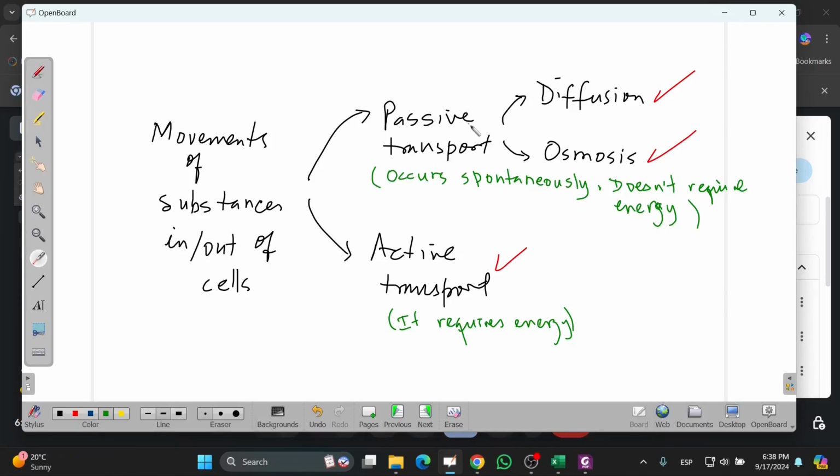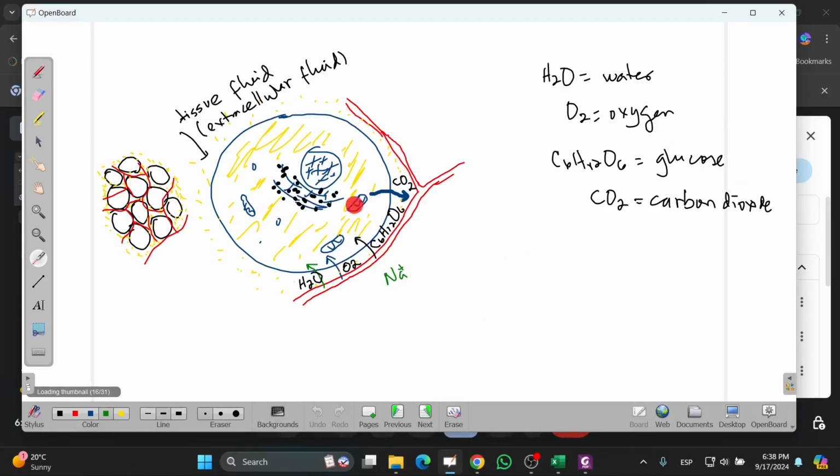These two ways of moving substances in and out of the cell happen spontaneously and don't require energy because substances are moving from a region where there is a lot of them into a region where there is fewer quantity or none.